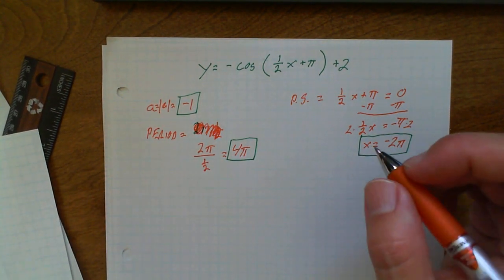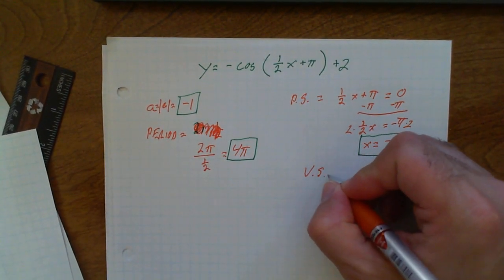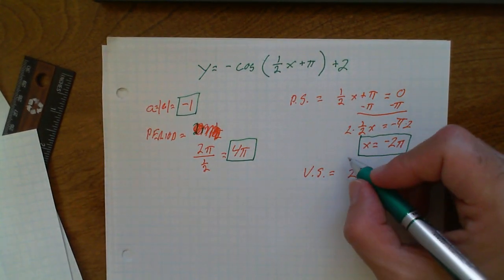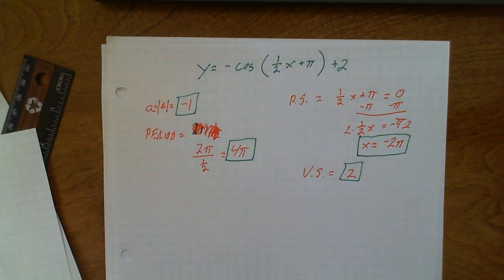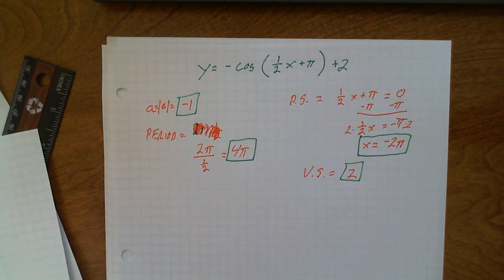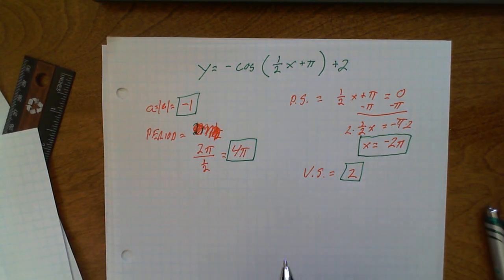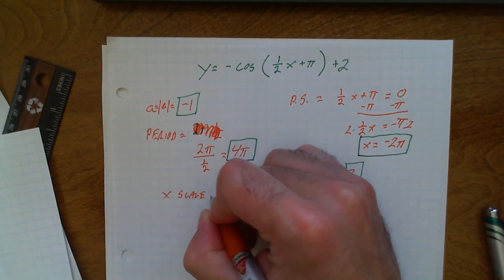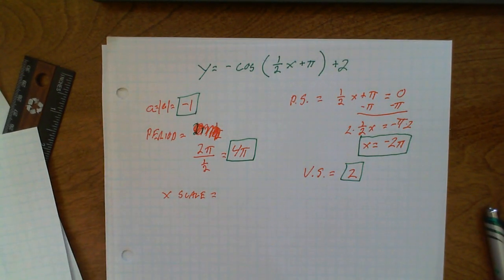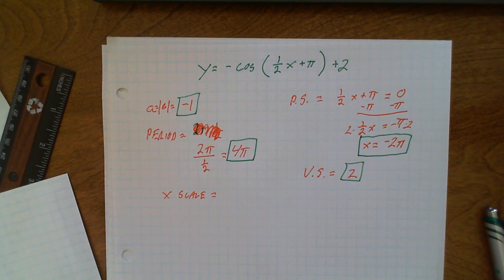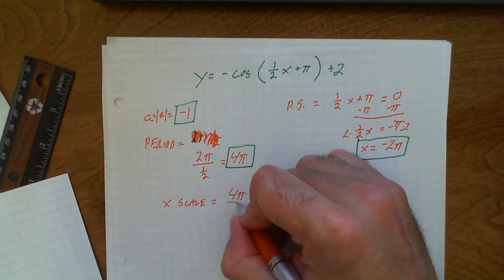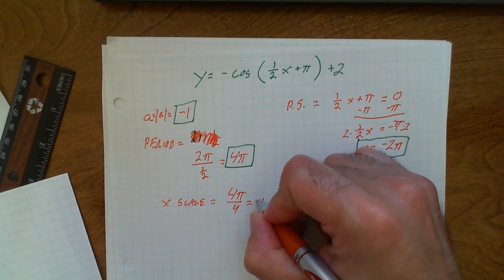My vertical shift is equal to 2. And my x scale is equal to the period, 4 pi divided by 4, which is going to be pi.